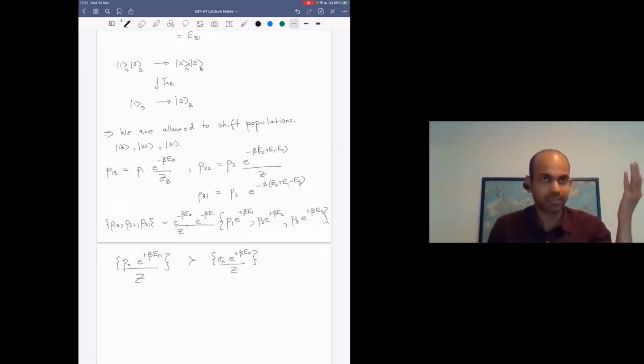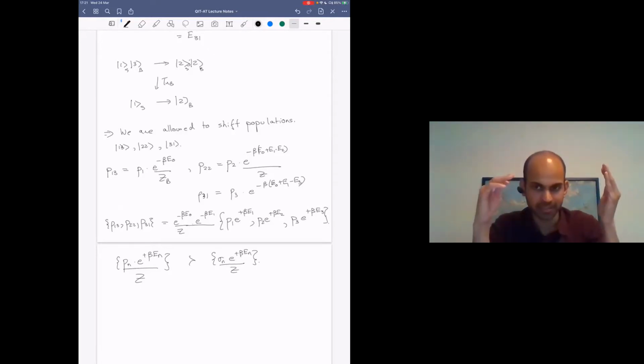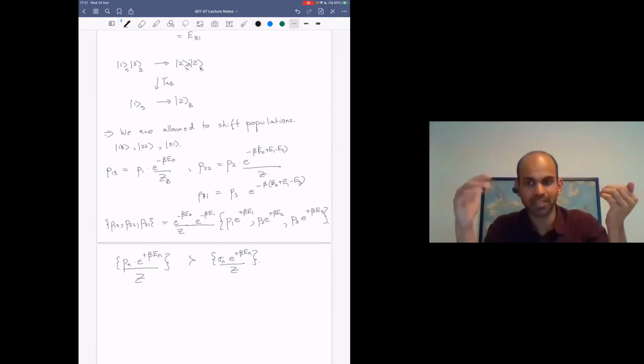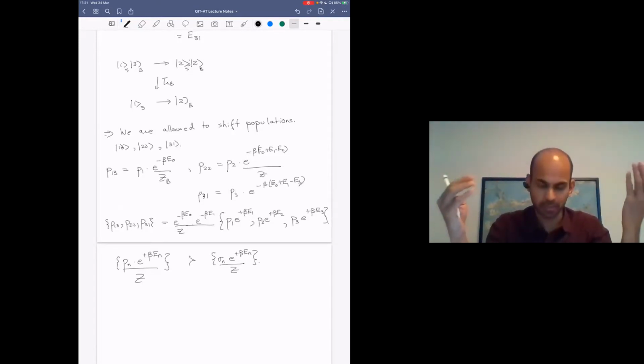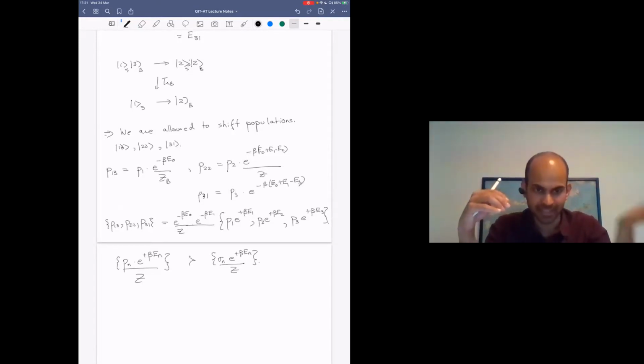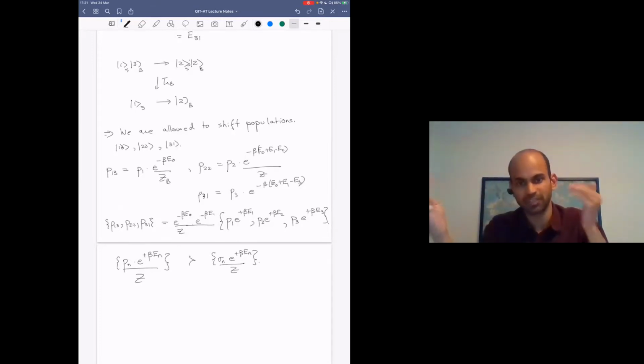So starting with majorization on the eigenvalues within the degenerate subspace, and adding the fact that the eigenvalues in a degenerate subspace always have ratios corresponding to the inverse Gibbs factors with respect to each other, it means that in order to check whether you can take ρ to σ, you have to check whether these numbers, the eigenvalues of ρ scaled by the Gibbs constant, can be taken into the eigenvalues of σ scaled by the corresponding Gibbs constant.